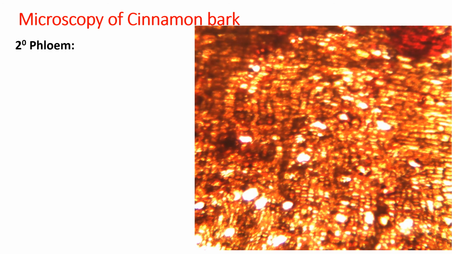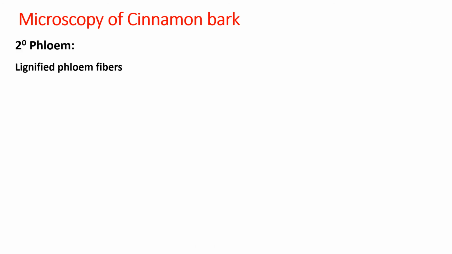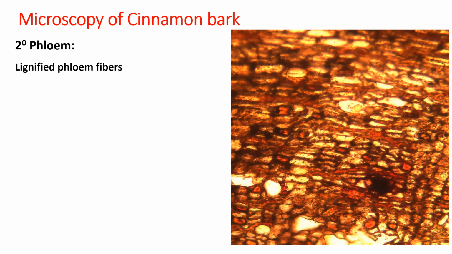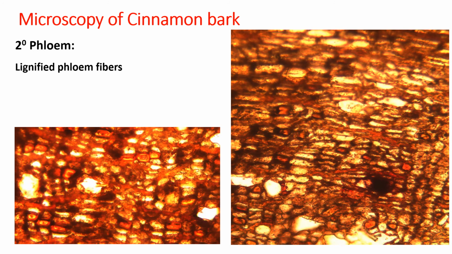The secondary phloem shows the presence of lignified phloem fibers. This particular image is taken at 10x objective and 10x eyepiece, whereas this has been zoomed further by using 40x objective and 10x eyepiece.